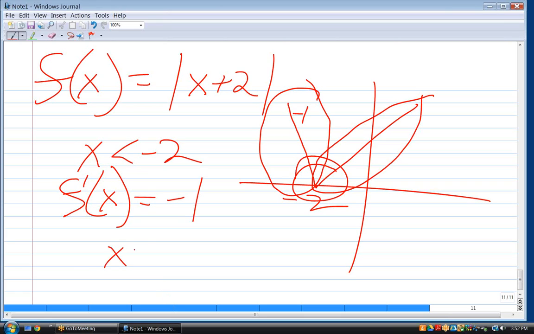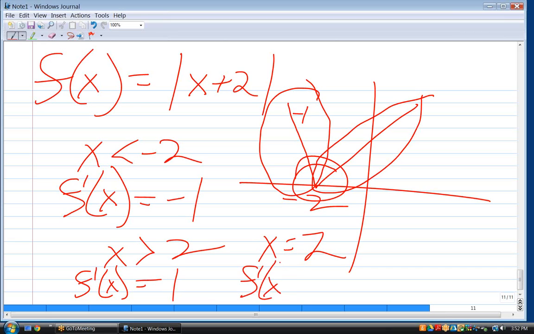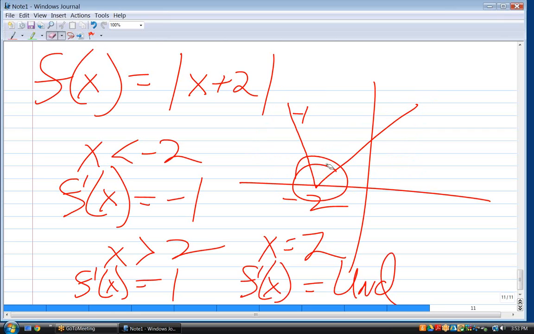For all x greater than -2, f prime of x is +1. And for x equal to -2, f prime of x is undefined. You do not know what the slope is at that point where there's a corner.